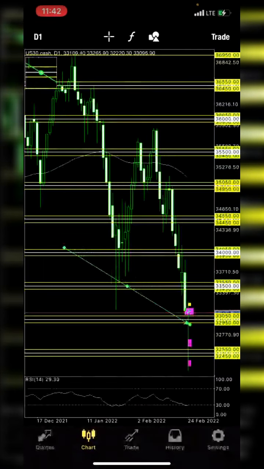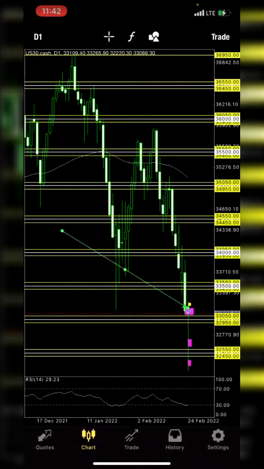But the idea would be a wick fill. So price might want to open and test some of these highs underneath the current day high. And I'll show you what that looks like on lower time frames. And then the idea is to go for a wick fill. And then if that does happen, secure the profits and wait to see what's next. Whether secure all of it, some of it, we'll see what happens.